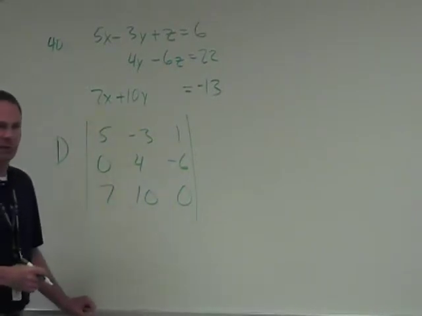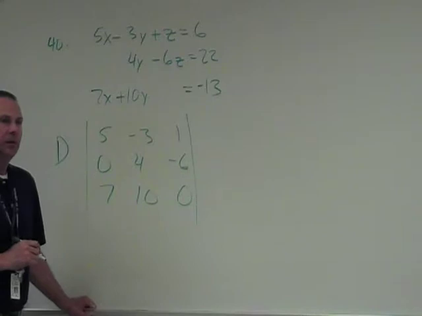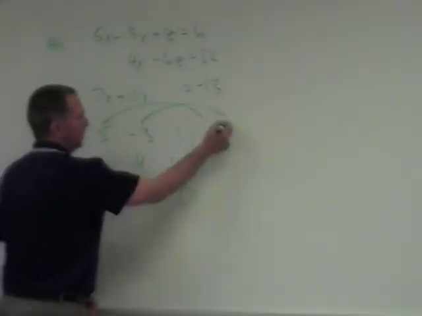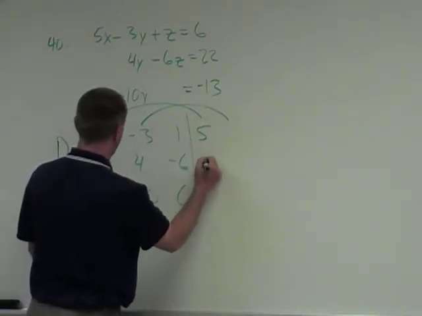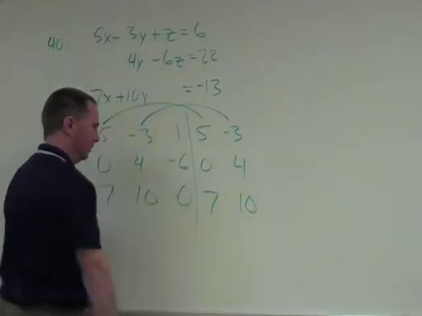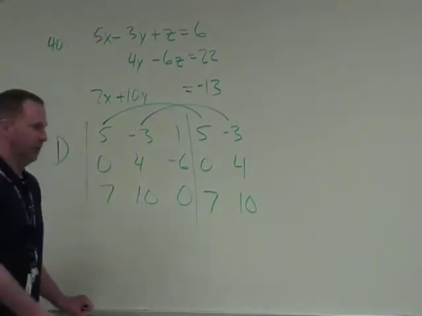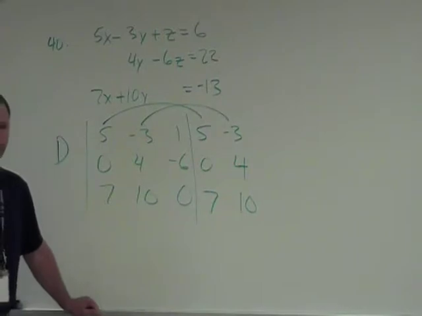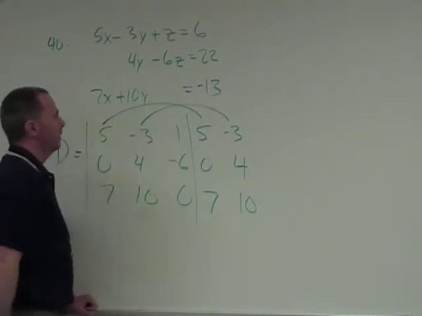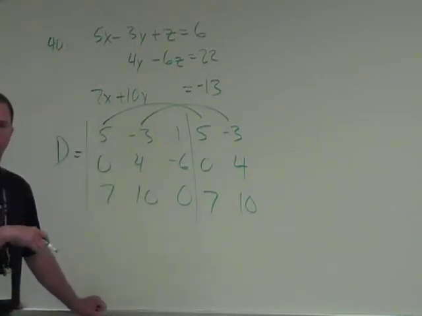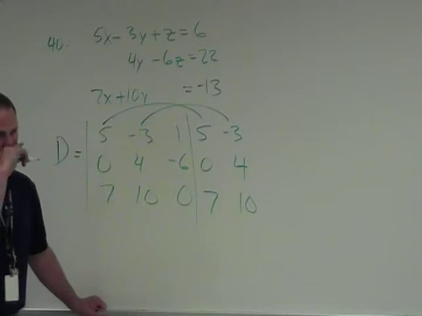You should recognize what I'm going to do here in a second. The first thing you do is put the first column here and the second column there. Add these two columns to your matrix. Does this look familiar? Alright, the next thing you do is your downward diagonals.